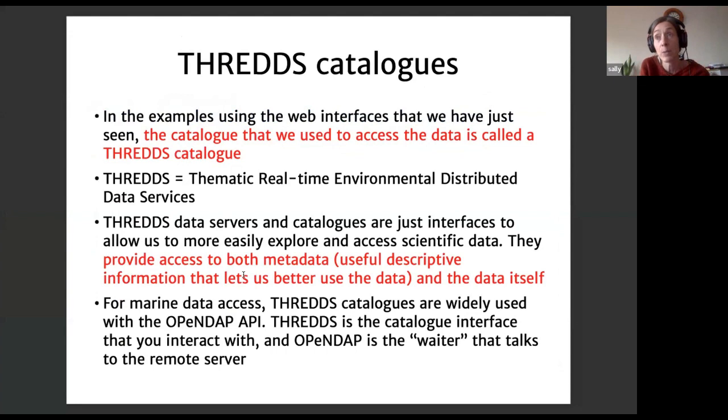And they're giving us, as we've just seen, both the metadata about the product and also the data itself. So threads is this catalog. It's the interface to the OpenDAP API, which is again the waiter that's going to talk to the actual data store.